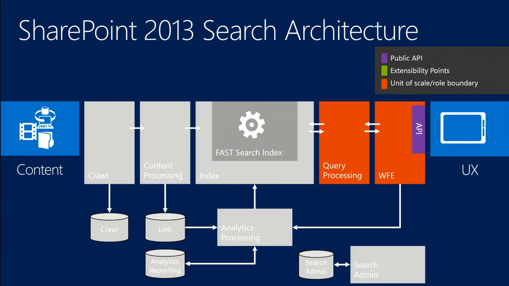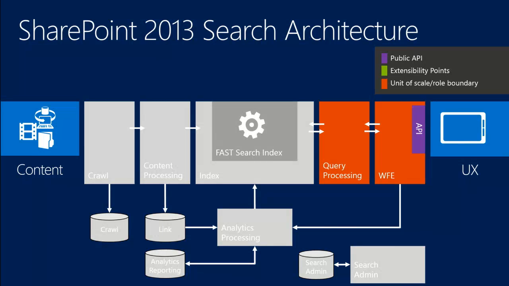Then on the front end, we'll show you how to customize the result templates as a primary way. You can also build, as I said, applications in Java or other front ends using the REST API. We'll show you also how to use the client-side object model to perform other queries as part of the search result.